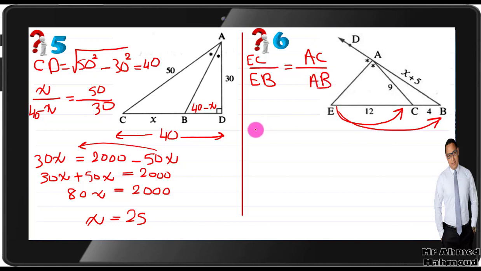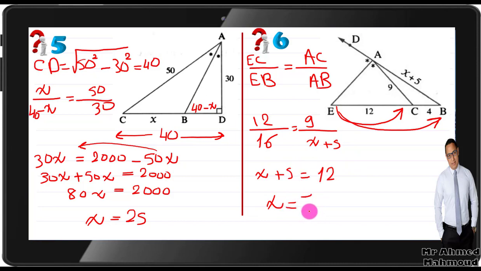So 12 over 16 equals 9 over x plus 5. So x plus 5 equals 9 times 16 over 12, which equals 12. By sending 5 minus, x equals 12 minus 5 equals 7.